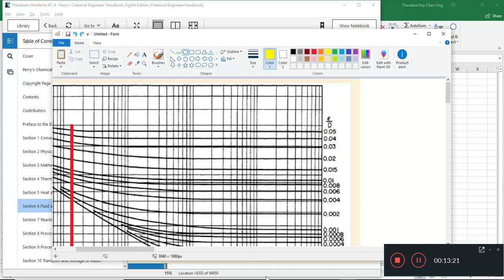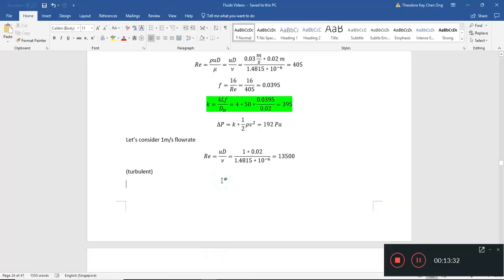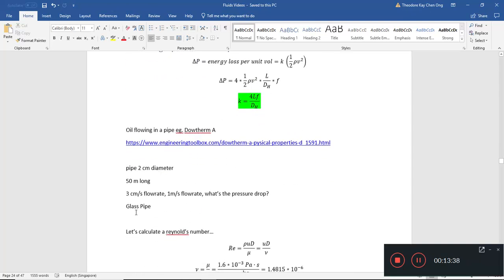What is surface roughness? Well, as we know, not all materials are created equal. Some materials resist flow more than others, and this resistance is characterized by something called surface roughness. So what is the material of our pipe? We have a glass pipe.